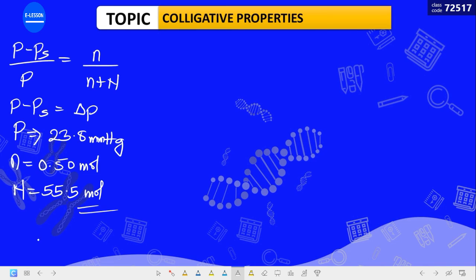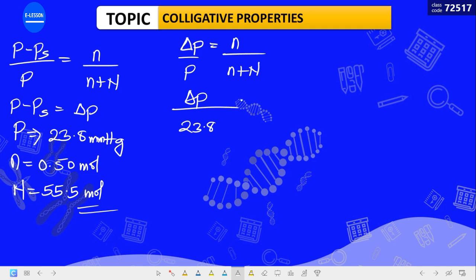Now, substituting into this formula, we said P minus PS can be represented as change in P, and that's what we are actually looking for. So we have change in P divided by P is equal to n all over N plus n. Substituting in, you have change in P all over P, which is what? 23.8 millimeter mercury, right? Equal to the number of moles of the solute, which is small letter n, 0.5 mole, over 0.5 mole again, plus pure solvent, 55.5 mole.